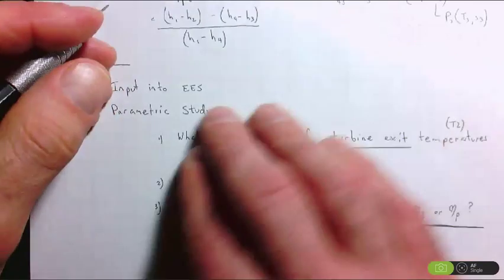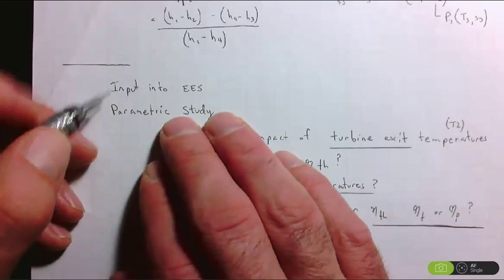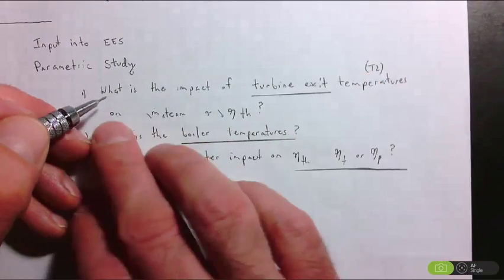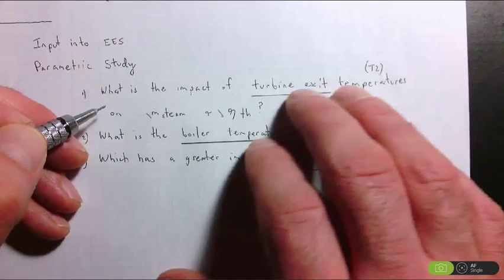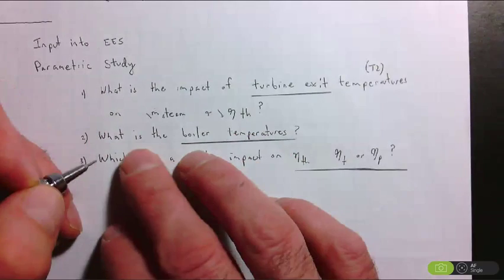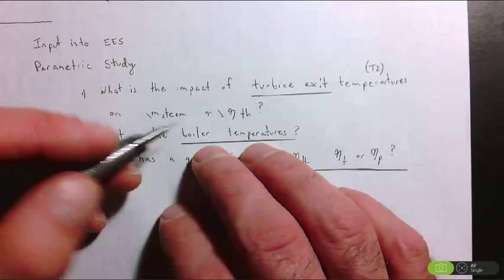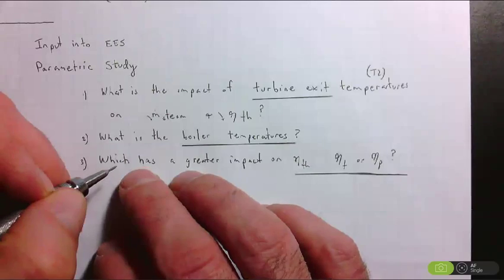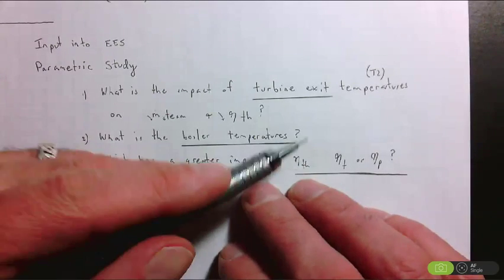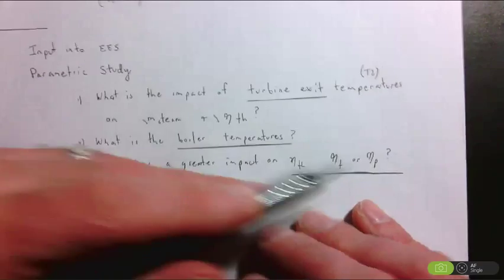The beauty of entering it into EES is that we can now do parametric studies. We can study the impact of turbine exit temperature on the flow rate of steam and the thermal efficiency. We can determine the boiler temperatures and which has a greater impact on the thermal efficiency, the turbine or the pump.